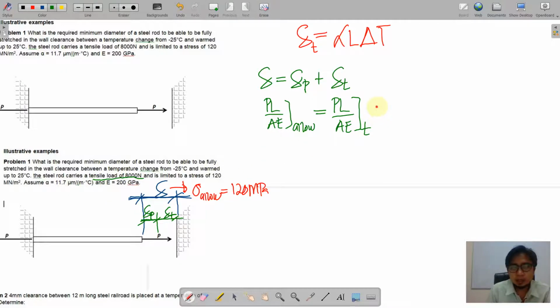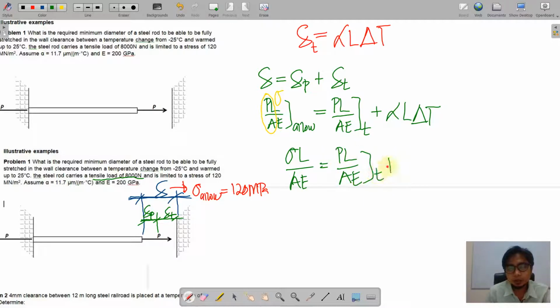Then we add alpha L delta T. In here, we do not need to use this equation directly because it could be expressed in terms of sigma equals P over A, so I'll replace that with sigma L over E. This is equal to PL over AE due to the load plus alpha L delta T.